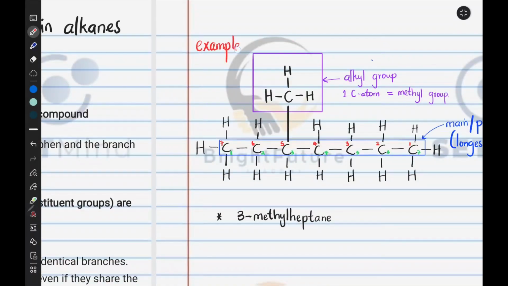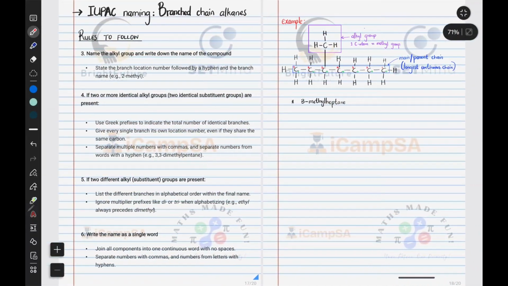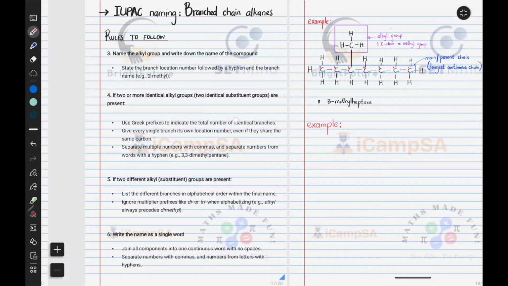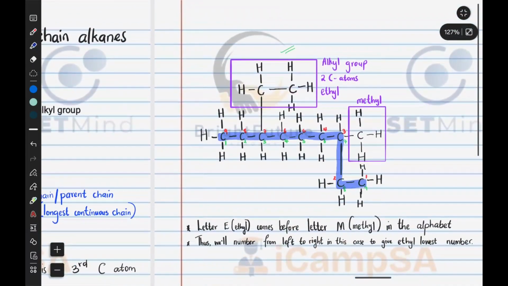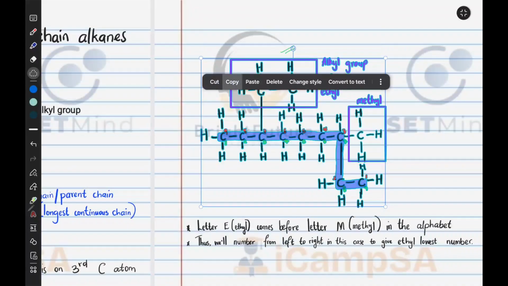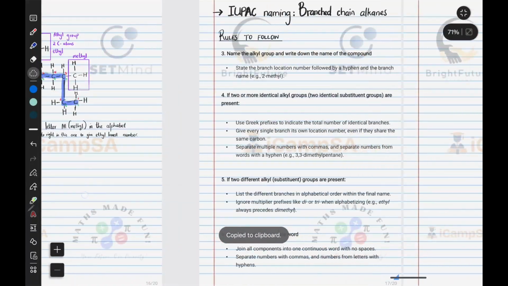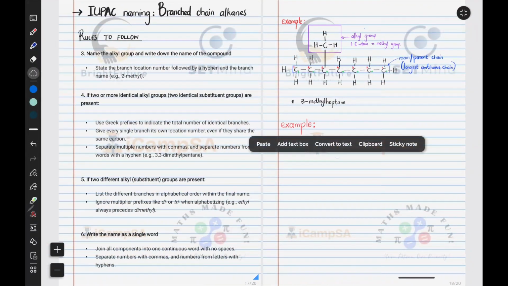Now let's get our other example. We take this one again, and we bring it this side.